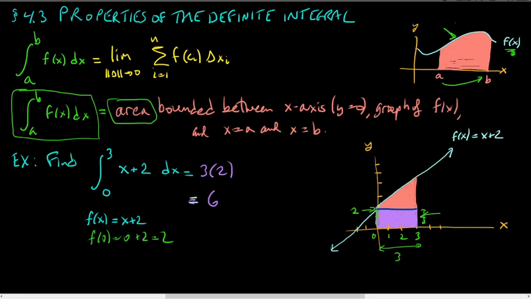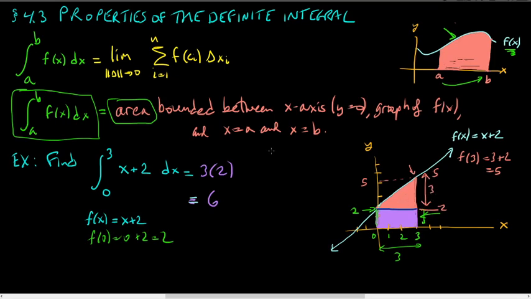What about the red area? Well, that's definitely a triangle, right? Again, the base of the triangle is still 3. What's the height from here to here? So what's the y-coordinate here? The way I drew it, it looks like 4, but it should be 5, right? It's just 3 plus 2. So when x is 3, y is 5, but this is 2, so you're going from 2 to 5, so the height is 3.